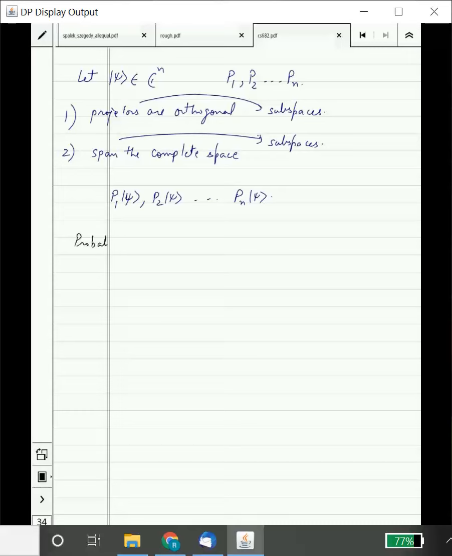The probability of getting into the subspace of P1, that probability should be the norm square. You can convince yourself this is exactly what happens in the standard basis measurement.